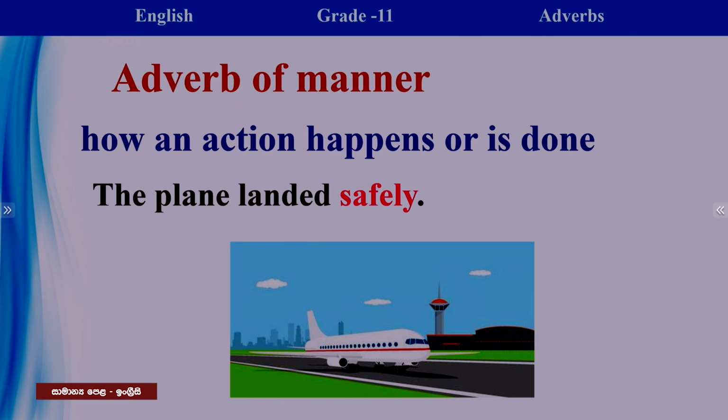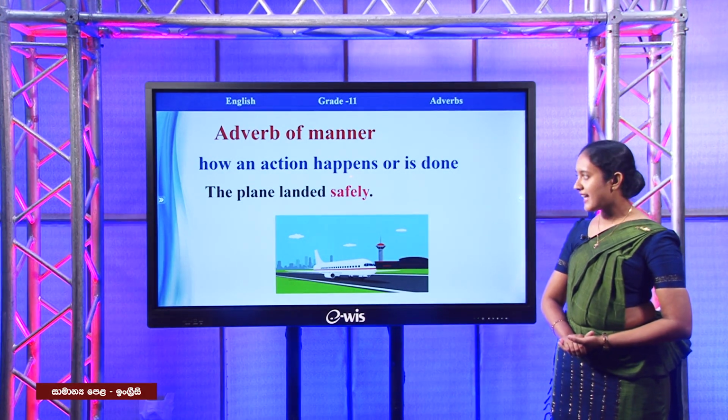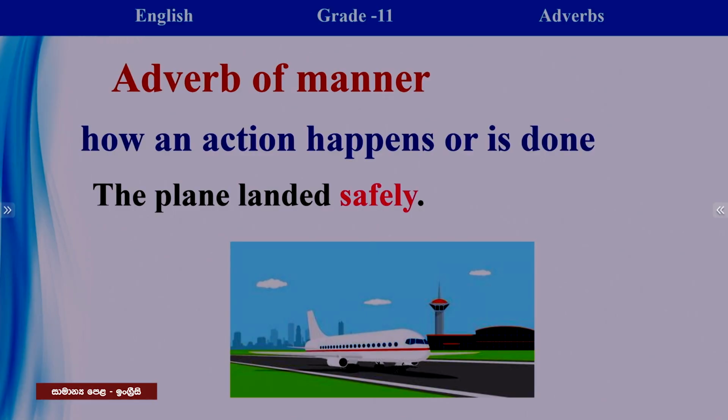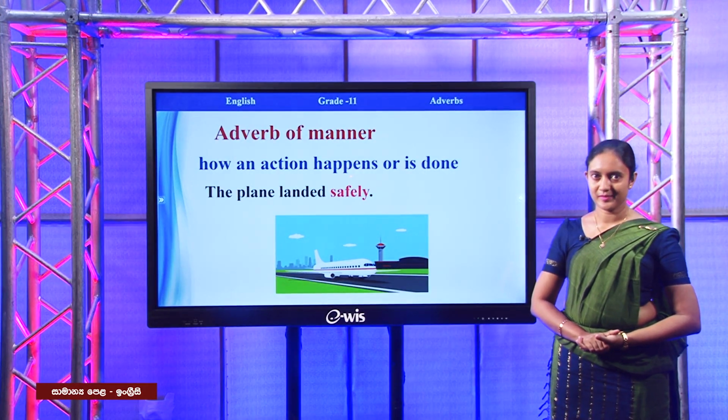Now children, tell me what is the verb here? The verb here is landed. You know that. So, how did the plane land? Yes, it landed safely. So, this word safely tells you how the plane landed. So, we call it an adverb of manner.